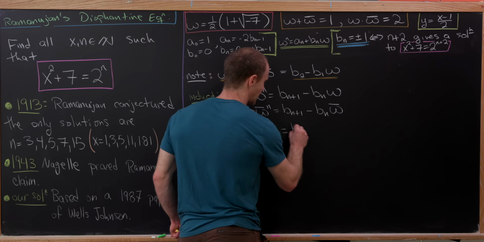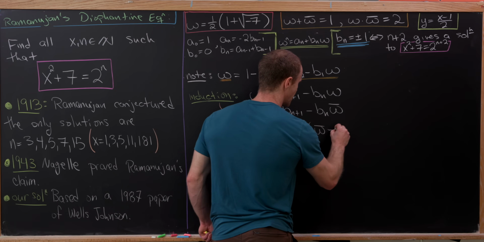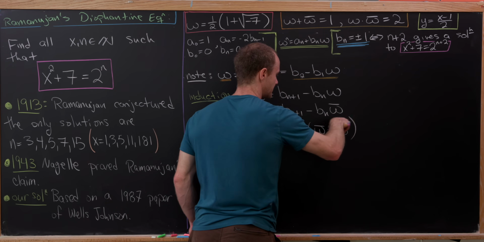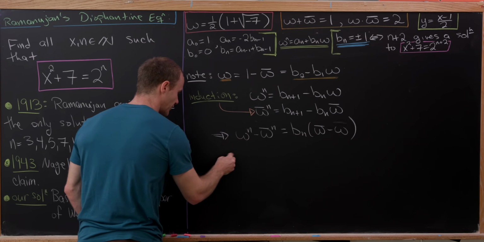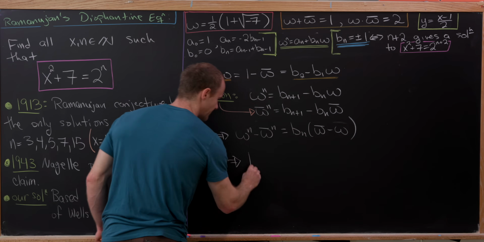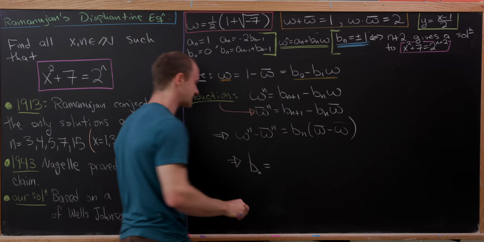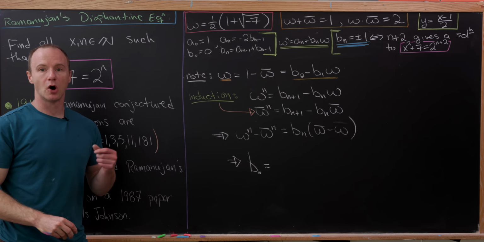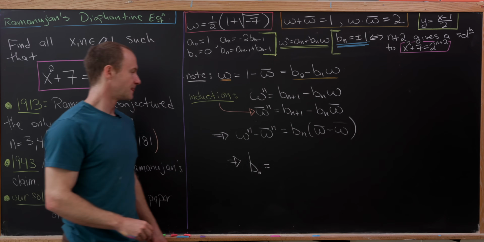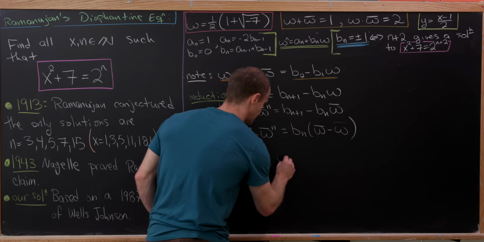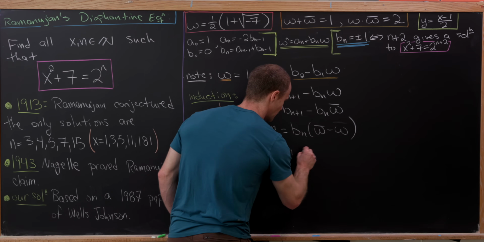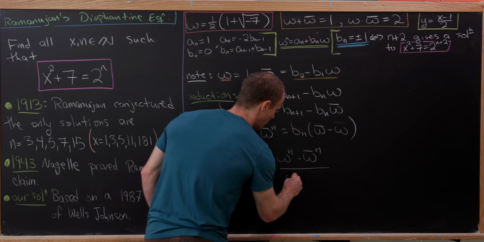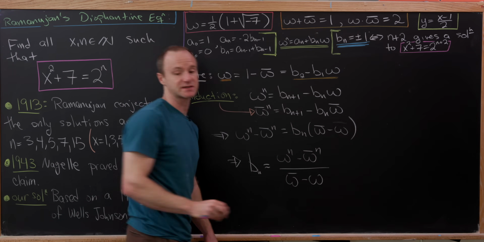And we'll be left with b sub n times omega bar minus omega. But this is pretty quickly solvable for b sub n, and we've got this nice expression for b sub n only in terms of omega. And what is that going to be? It'll be omega to the n minus omega bar to the n over omega bar minus omega.